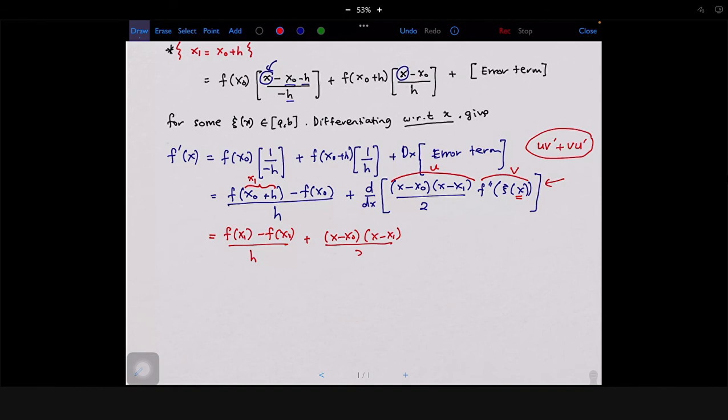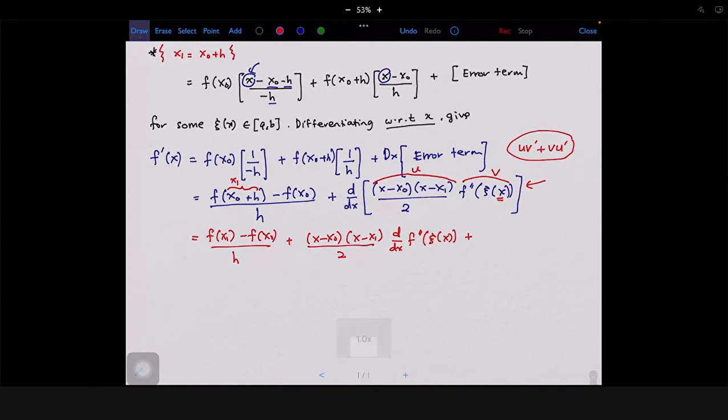Okay, v prime is the derivative of f double prime zeta x, plus v f double prime zeta x. And u prime is this part, the derivative of u. So there is half, and the product rule applies again here, u v.